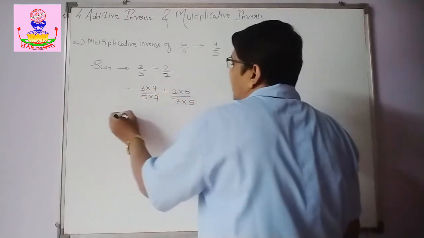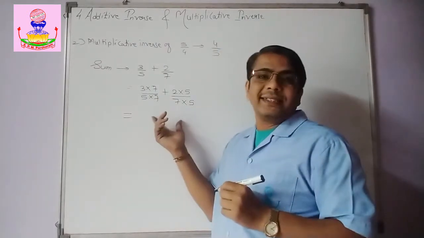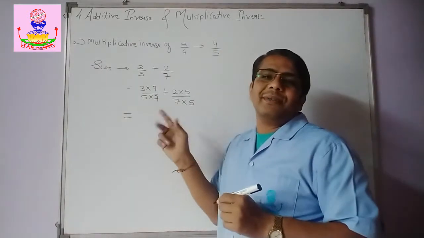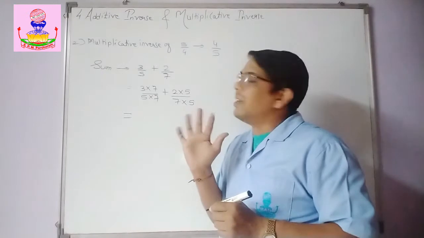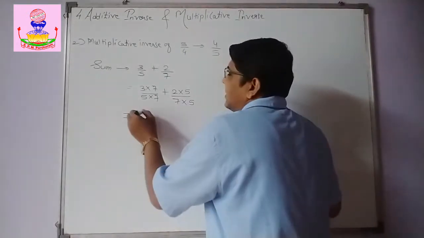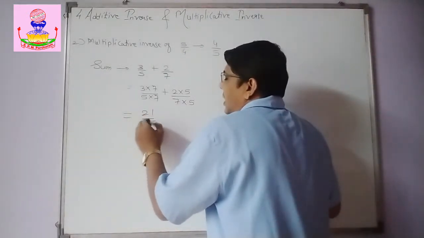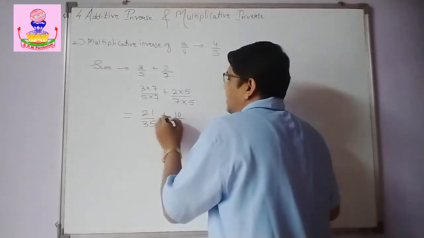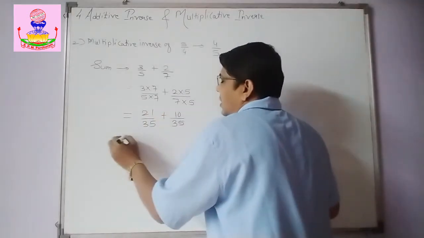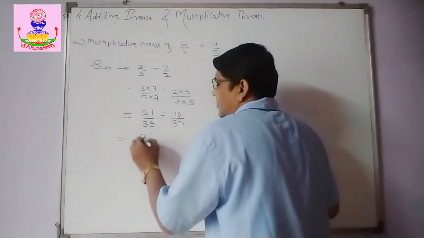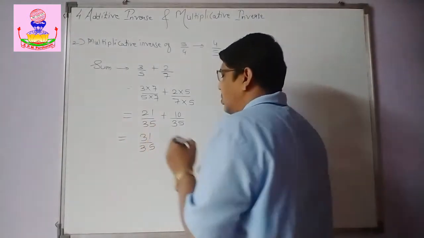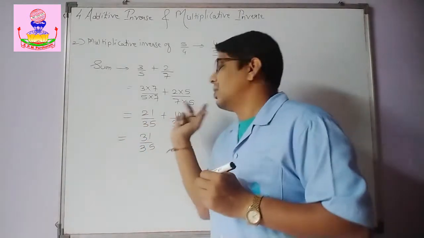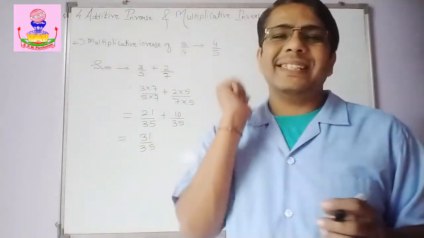This I am just showing for your understanding, otherwise I would have done it directly. Okay. So 7 3s are 21 upon 35 plus 5 2s are 10 upon 35. 21 plus 10, 31 upon 35. Because now the denominators are same, you can add the numerators.